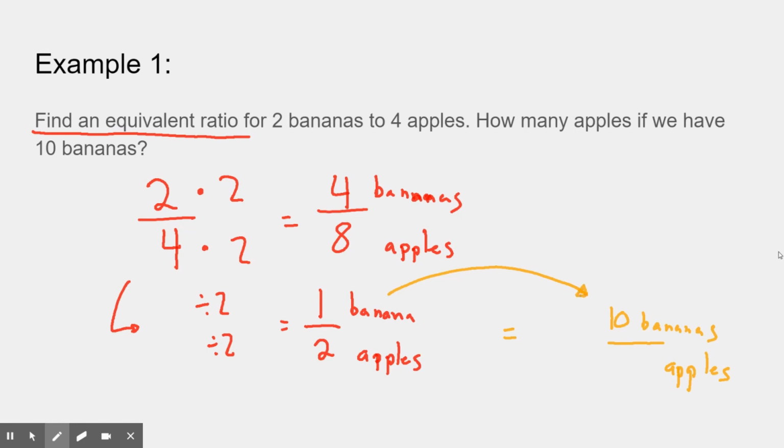And unlike in our last unit where we could use 4 operations, now we can only use 2. We can only use either multiplication or division.